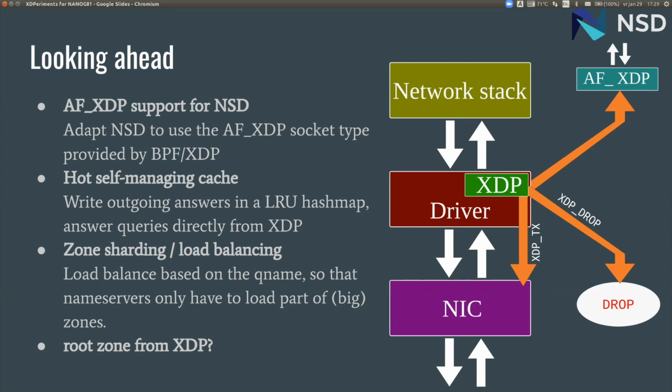Another idea we have is a hot, self-managing cache, where the outgoing answers go into a least recently used hash map that can immediately answer queries from the XDP layer if it finds the query in that hash map.